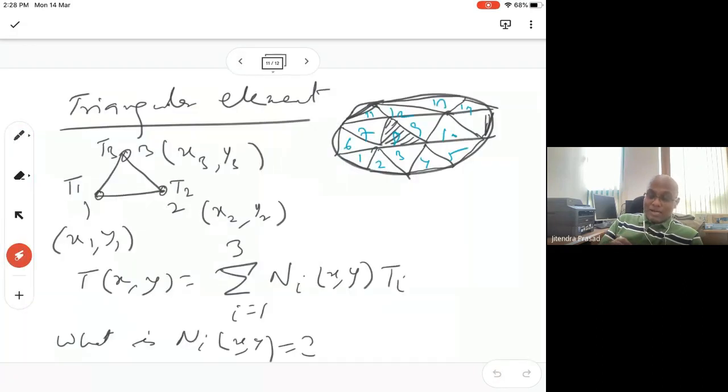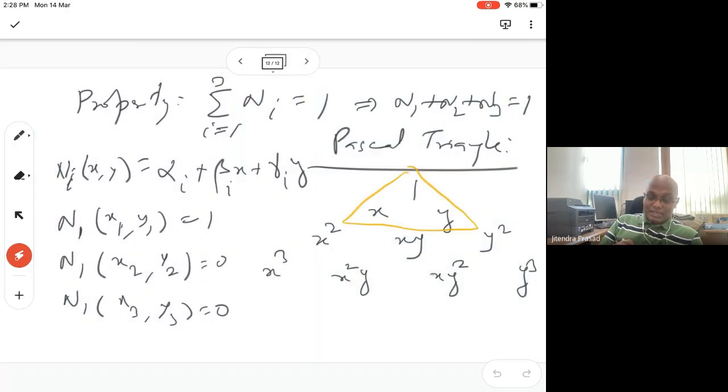Same property as in 1D, where we did the same thing: N1 at node number 1 is 1, at node number 2 is 0. Similarly here, N1 is 1 at node 1, 0 at node 2, and 0 at node 3.